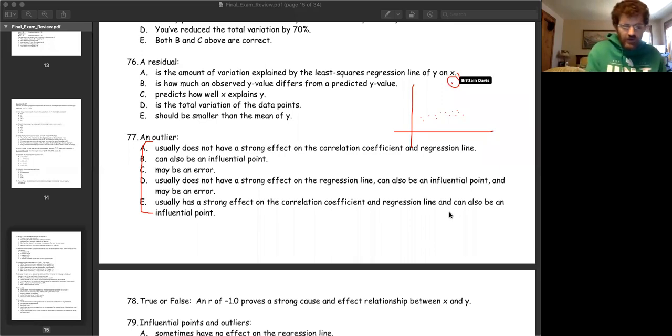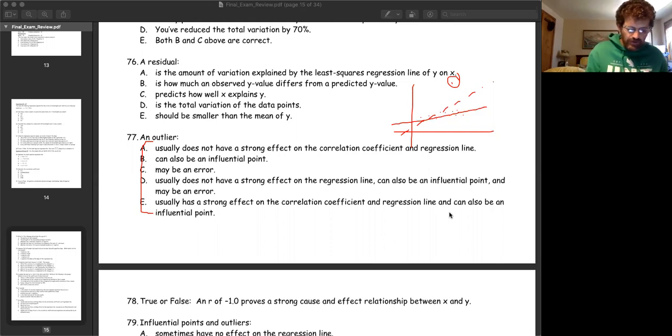It's far above what we'd expect based on where the regression line falls. It would have a high residual, you could say. Now it's only influential if it changes the regression line significantly. There's no real cutoff for what significant changes are, but let's say this is what it would be without that point. If it changes it to something like this, that would be a significant change. It would be influential and an outlier.